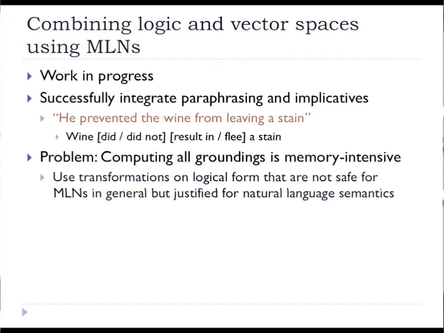But in general, using MLNs is sometimes painful because it's incredibly memory intensive. If you compute all the groundings of a set of clauses, it just explodes in memory. So what we do is we use transformations on the logical form that are not safe in general, but are justified for the natural language semantics that we see.